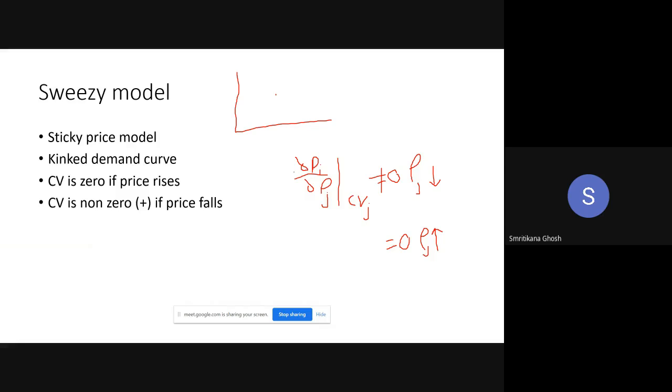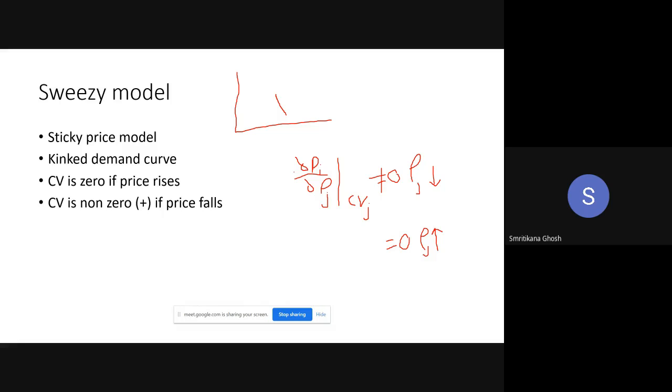So in that case, the demand curve which I am facing for prices less than the current price is like this, a little bit steeper. But if I increase the price of my commodity, no firms will follow me.